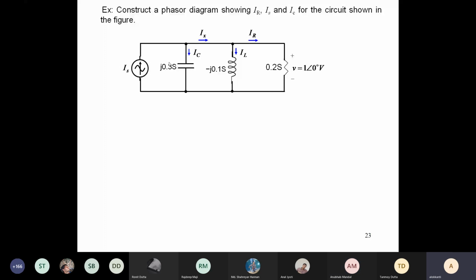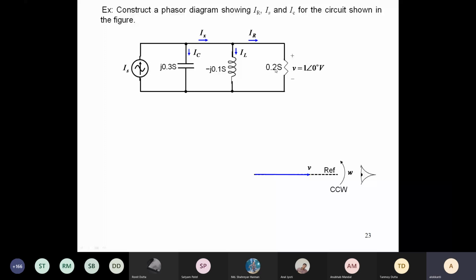So you see here, the voltage across the resistance is 1 angle 0 volts. Obviously it is along the reference. If the voltage across the resistance is known, what is the current? 0.2 ampere. You will have to multiply the voltage with this conductance.